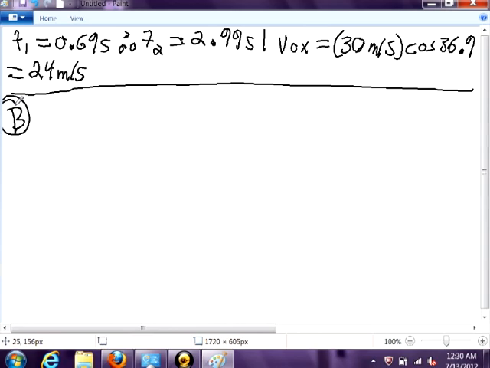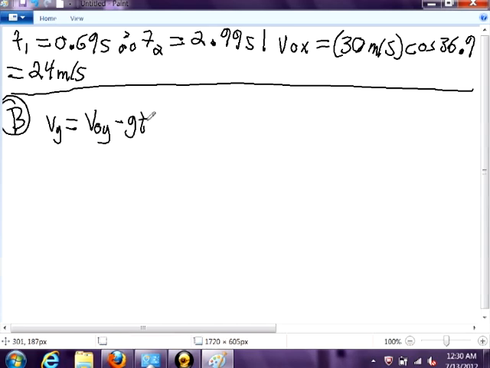Okay, so now for the y direction. So we're going to say Vy is equal to V0y, plus GT, but it's minus because a sub y is negative g, as we said in the beginning.